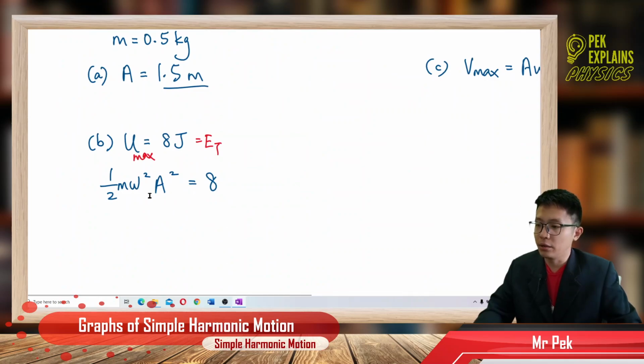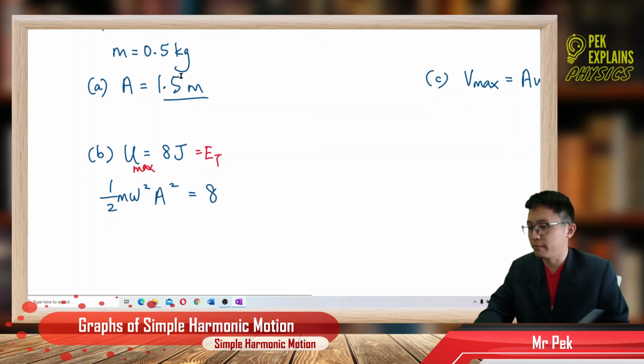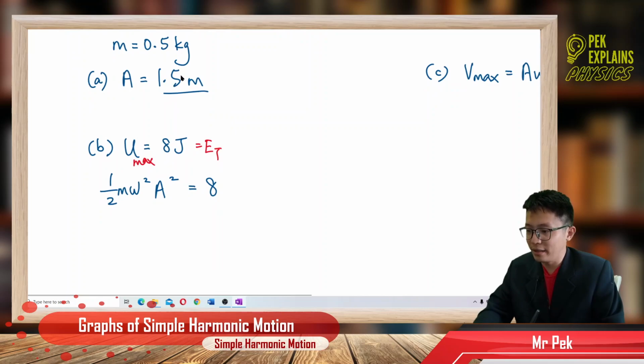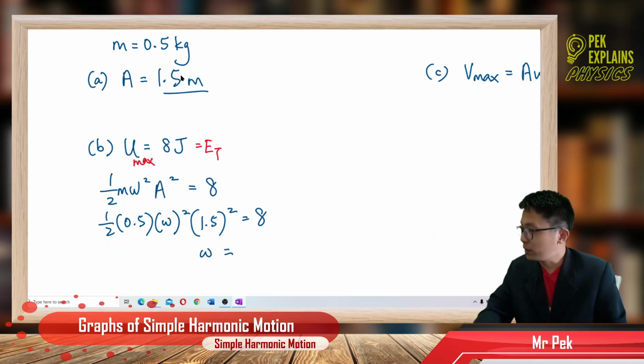Now, do you have the amplitude? Yes, 1.5 meter. Do you have the mass? Yes, 0.5 kilogram. We can find omega easily. So simple. Already in SI unit. So what's the omega?